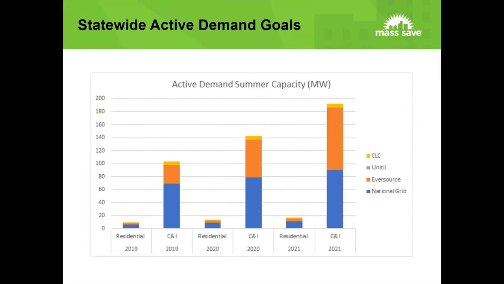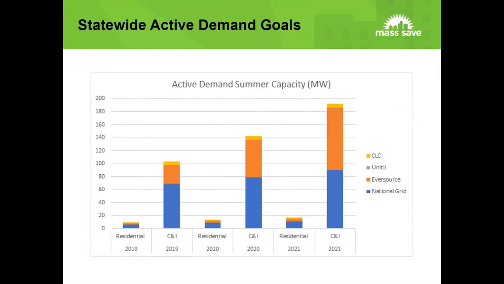So just quickly on our summertime goals, we're ramping up the goals across the state in this next 3 years, and certainly beyond 2021, we don't see this program going anywhere and only growing from there. But we have designed offerings for both residential and commercial programs.